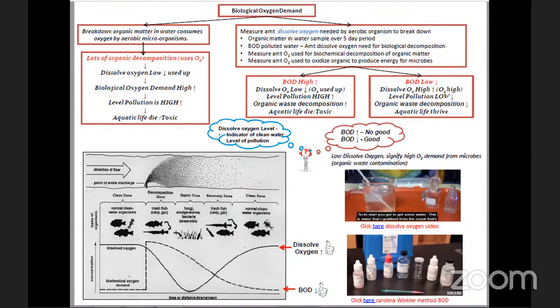So dia vice versa lah sepatutnya. So kalau you have a very high concentration of oxygen, so meaning that BOD is small. So the river ataupun the pond tu akan kita panggil sebagai healthy pond lah, ataupun healthy river. So dia tak ada less pollution.